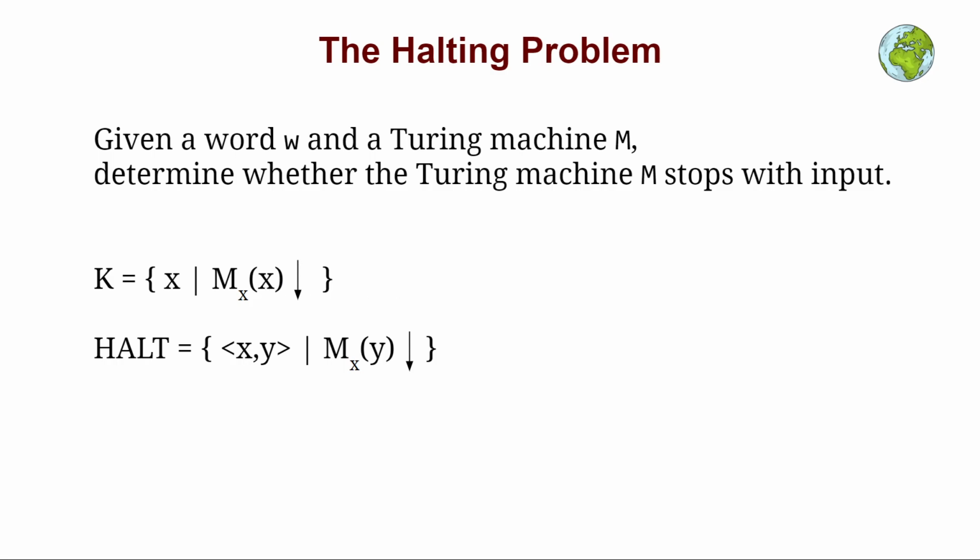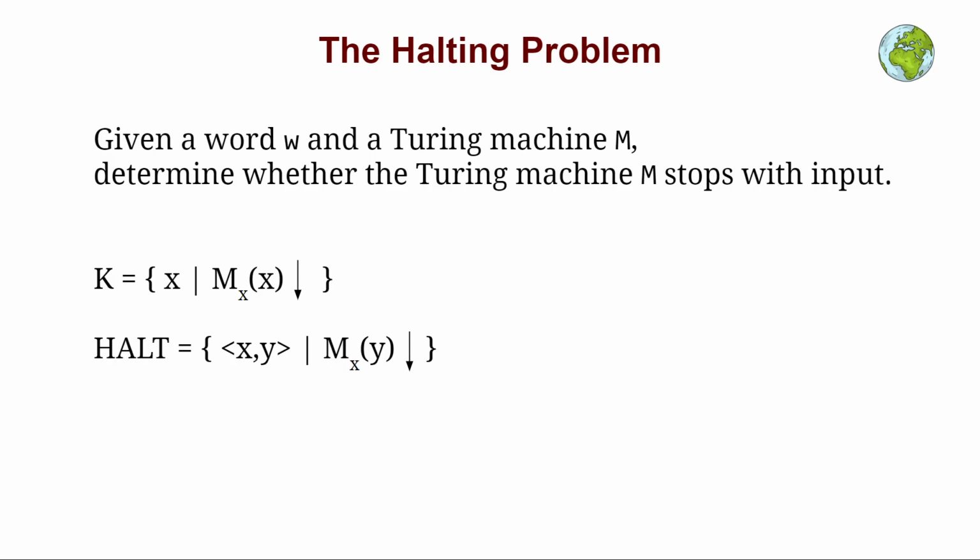Then we have another representation of the halting problem, which is basically the same idea, but now instead of only one input X, what we have here is the set of pairs program, input, where X is the program and Y is the input, such that the program stops with the input.